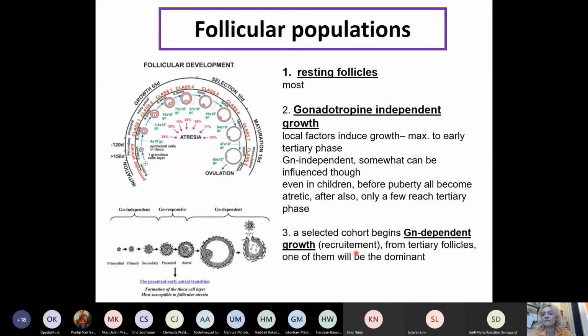And then we have the gonadotropin dependent phase, when again, a group of these developing follicles are recruited. This is called recruitment of these follicles from the tertiary follicles, and only one of them will be the dominant follicle, which is the Graafian follicle. Of course, in case of twins, there can be more than one, but usually one reaches full maturity.